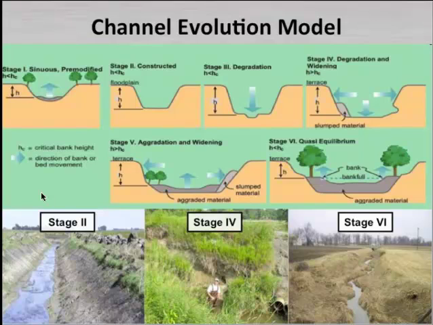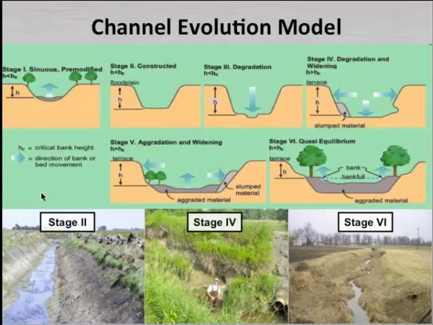Up in stage 1, you can see this would be your natural channel system. Stage 2 is typically what would happen because somebody has constructed a trapezoidal ditch. Somebody's come in with a backhoe and pulled that out. The channel will typically react in one of 3 ways to that disturbance, because that's not a natural form.